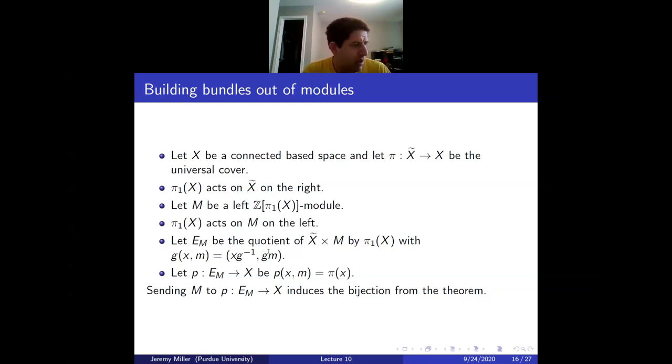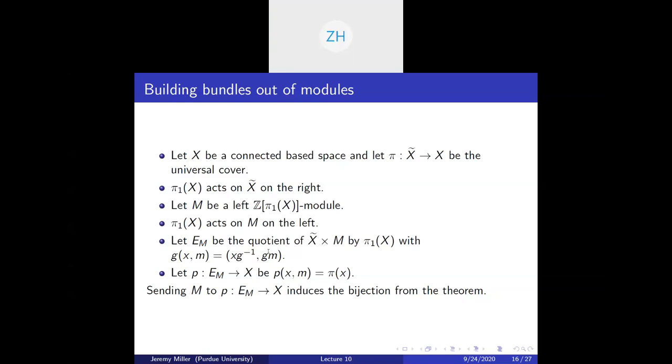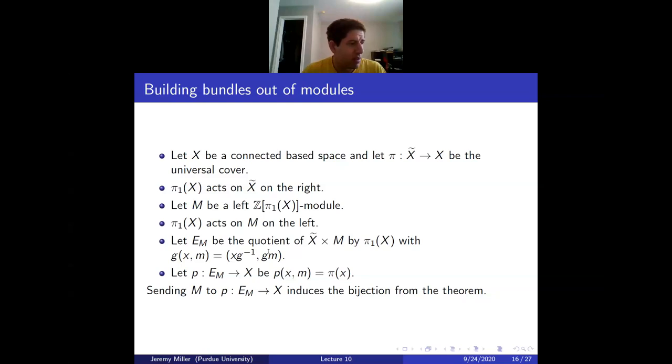I don't know if there's something higher than that. I wanted to make a statement like maps into a classifying space classify bundles, and I feel like this is some π_0 of that statement.